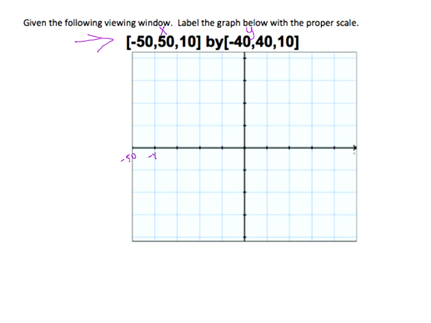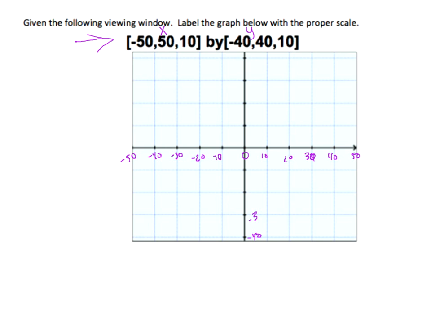So this is negative 50, negative 40, negative 30, negative 20, negative 10, 0, 10, because it goes from negative 50 to 50 counting by 10s. 20, 30, not 34, 30, 40, 50. Same thing in your Y direction.